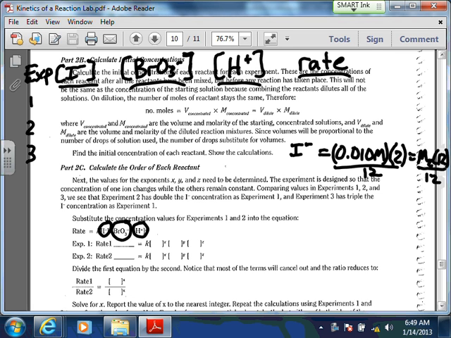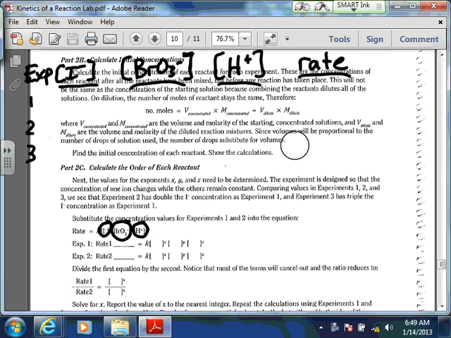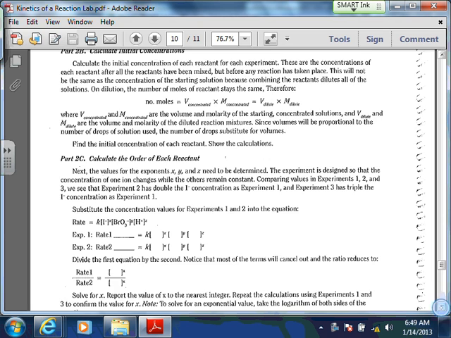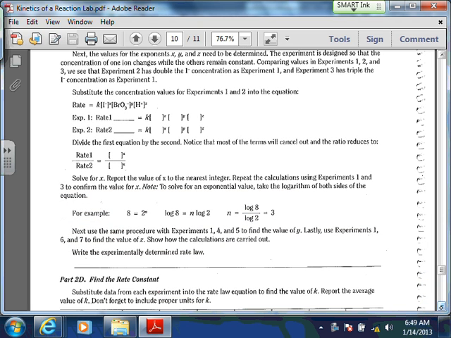There's this huge, long thing that it tells you on here as far as how to calculate these things. I would not do it the way that they tell you to do it. This whole part right here, where it says substitute the concentration values for experiments 1 and 2 into the equation, and then divide the first equation by the second, and all of this stuff, I wouldn't worry about all that.